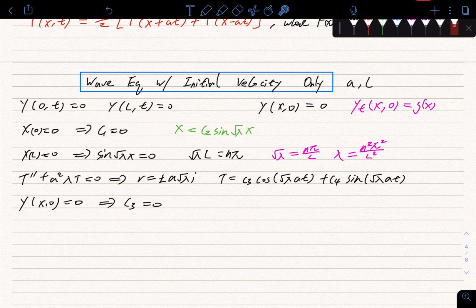So this leaves us with our final expression for T, and T equals c4 sine of square root of lambda a t.